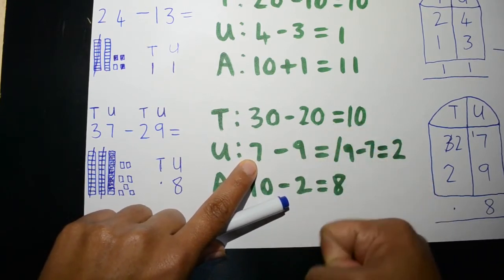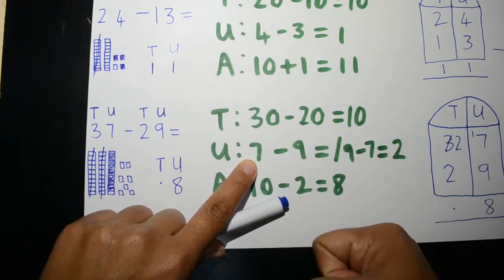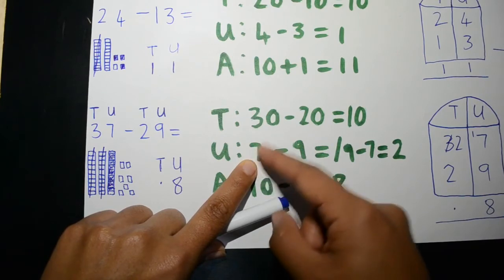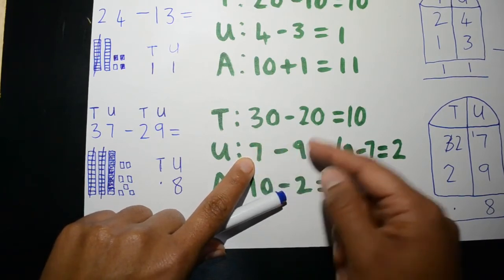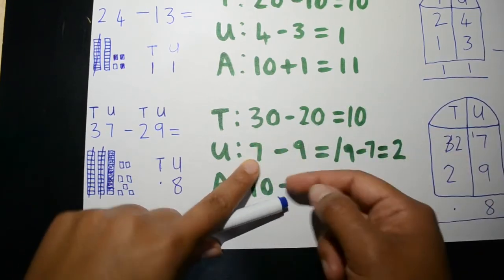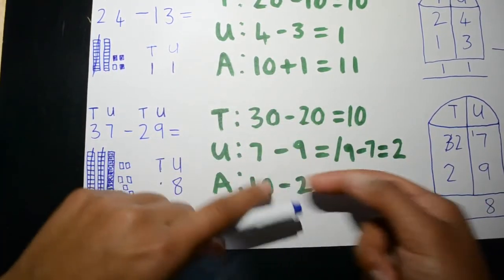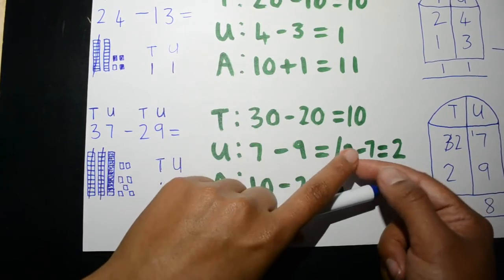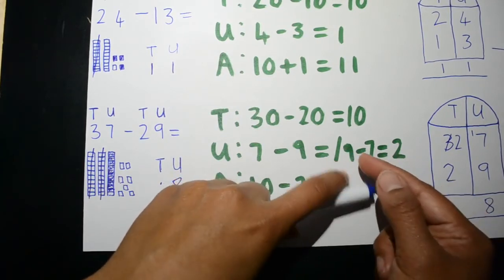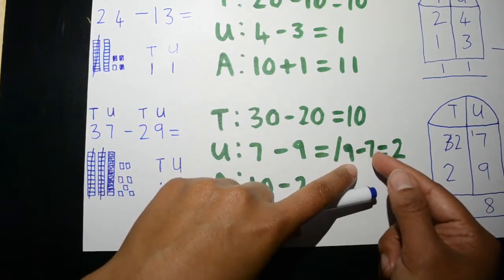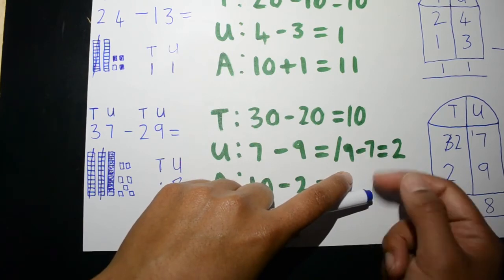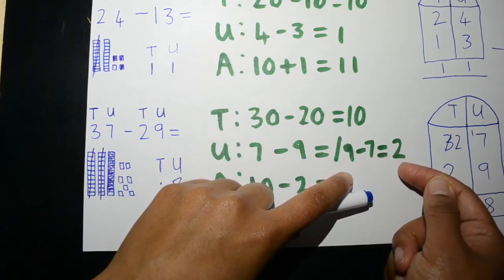I can't take away 9. It's not normal, right? Because I only have 7, and 9 is more than 7. So I have to turn the number sum around and make it 9 minus 7. Now it's like saying I have 9 sweets and I take away 7. And I'm left with 2.